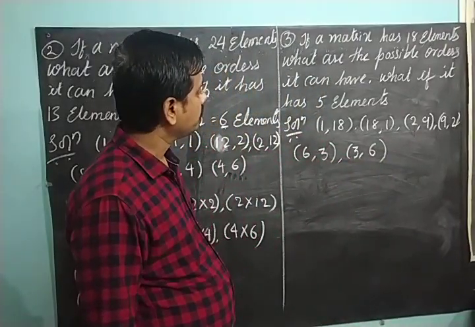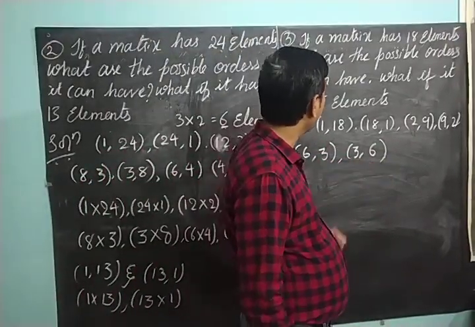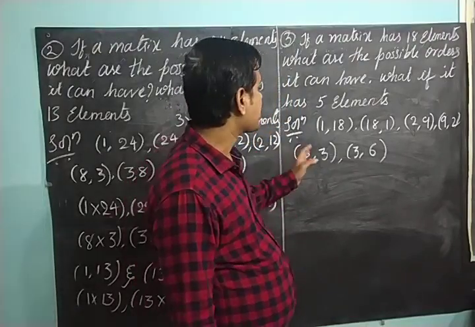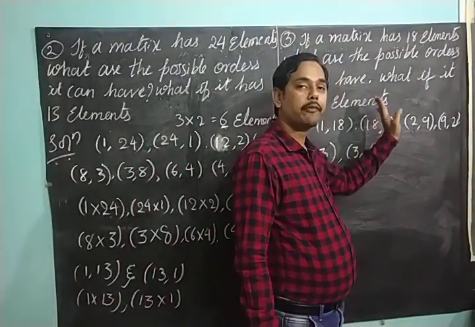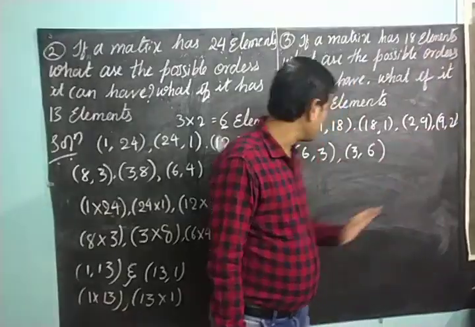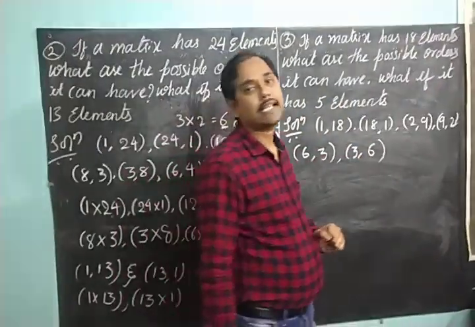Okay, I think these are the only possible ways, right? There are 6 pairs: 1 18, 18 1, 2 9, 9 2, 6 3 and 3 6.